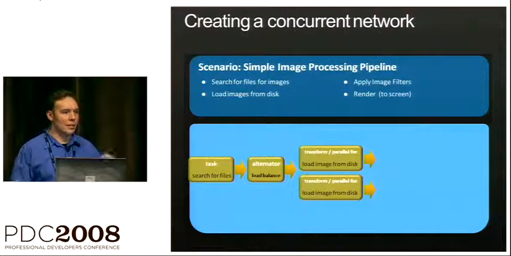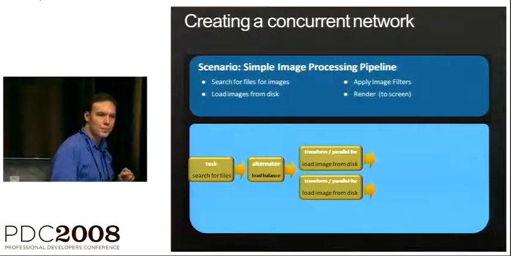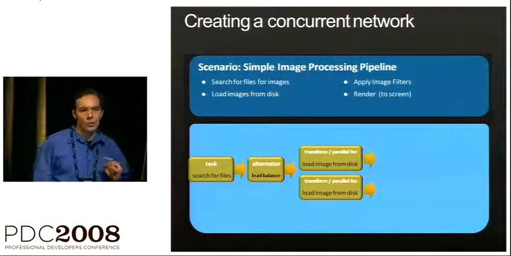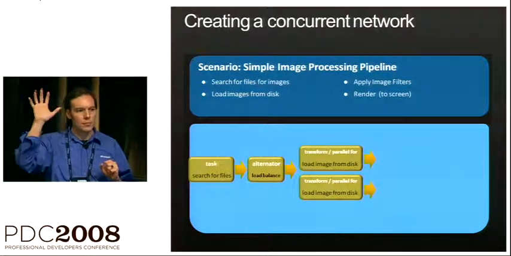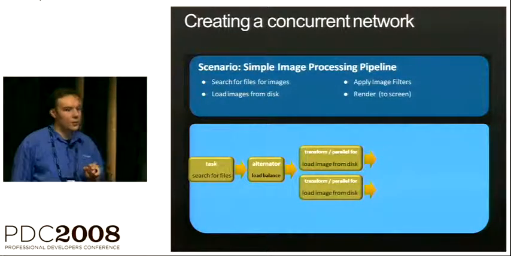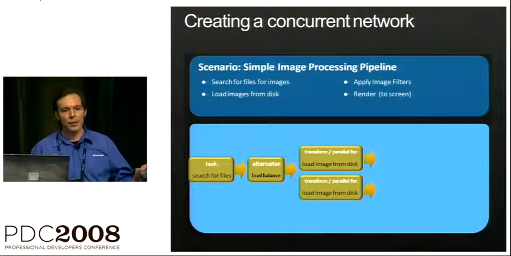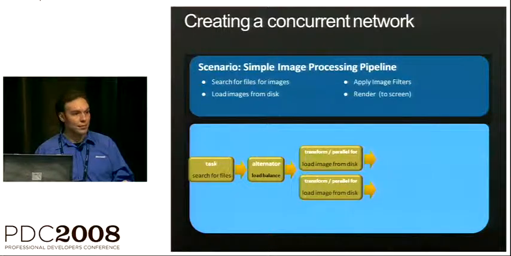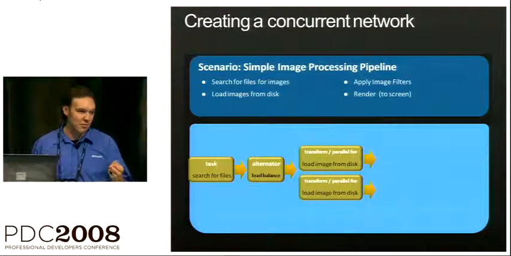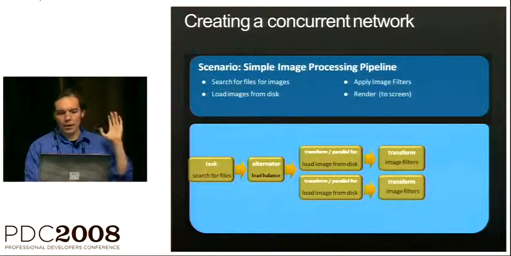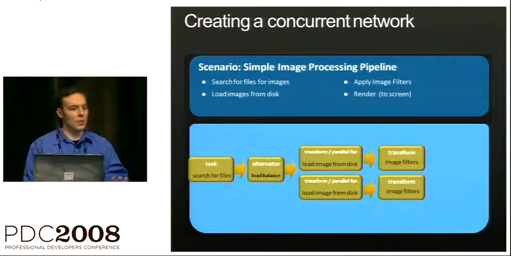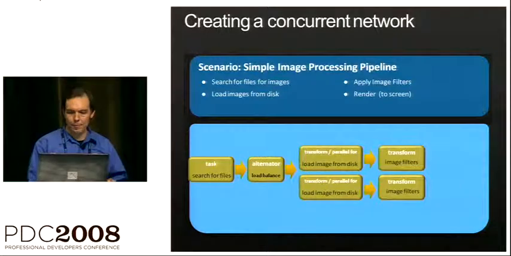So that load balancing is going to send it to a series of transforms that are hooked up. What the alternator will do is take the first transform that's available and send it to that. The transform then is going to actually take that path and load the image from a disk using GDI+ image load. And then it's going to call the image filters, which have a series of parallel fors in them.